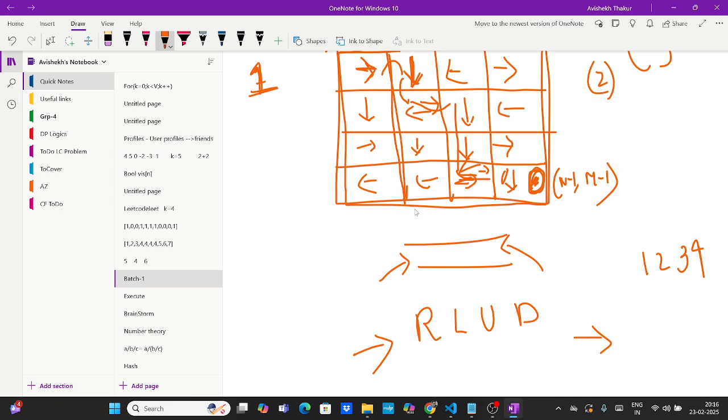Obviously, I'll send the code, but can you guys think it through? Have an imagination of what needs to be done.